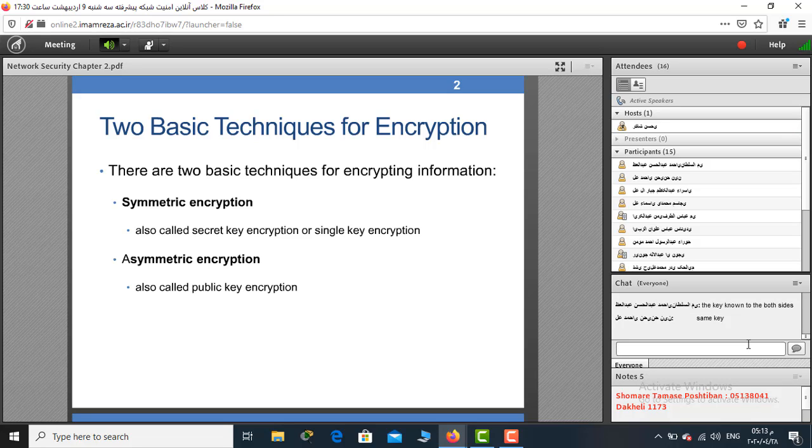Use a common key. The key for encryption and the key for decryption is the same, one common key. Same key on both the sender side and the receiver side. That is why this approach is called symmetric or متقارن.